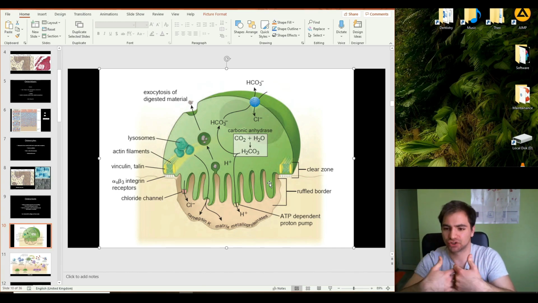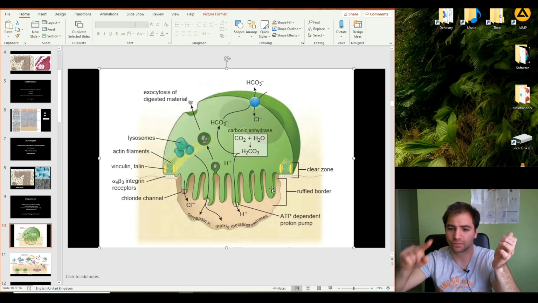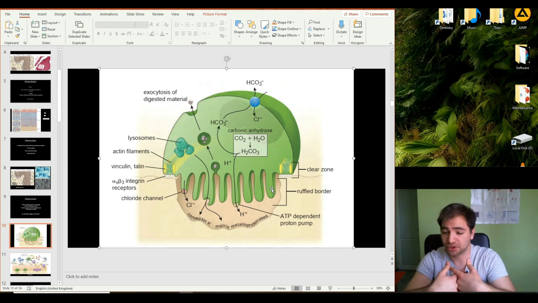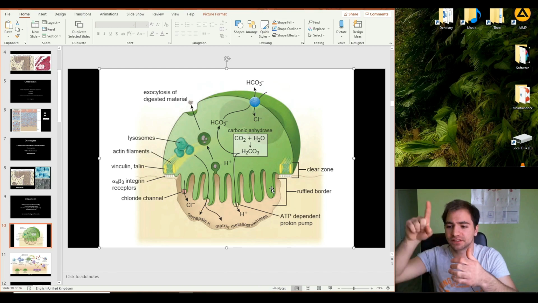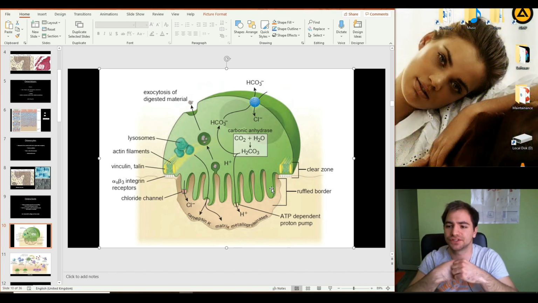After they attach on this bone, the cell processes of the osteoclast will start to form these wave-like projections. And again, we've seen in previous lectures that this wave-like structure serves one purpose: to increase surface area.